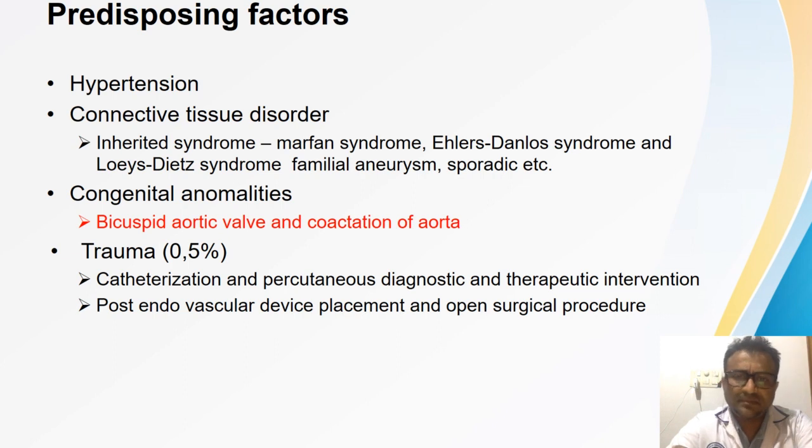Also transfemoral catheterization and post endovascular device placement. Rarely it can also happen post aortic valve surgery or any other cardiac surgery due to transfemoral cannulation, aortic cross clamping, or at the site of aortic venting.